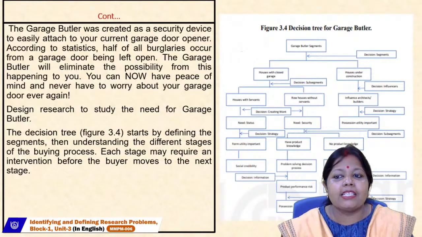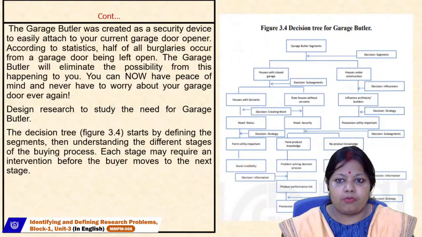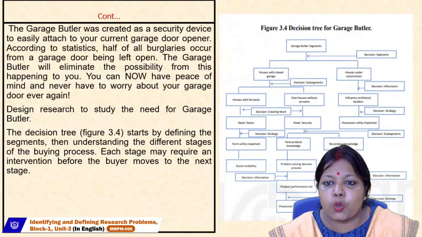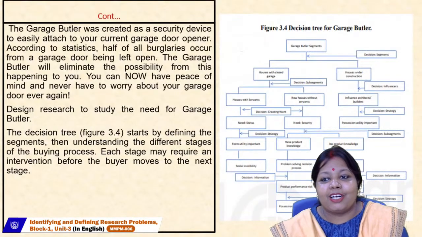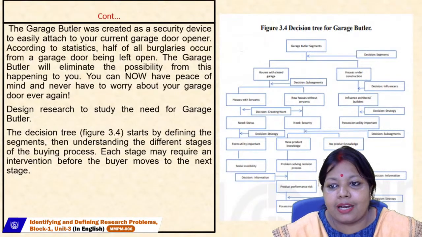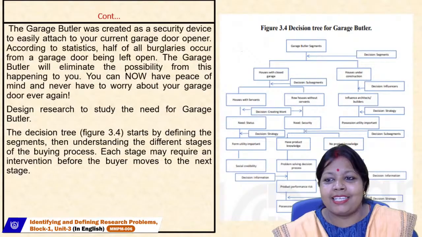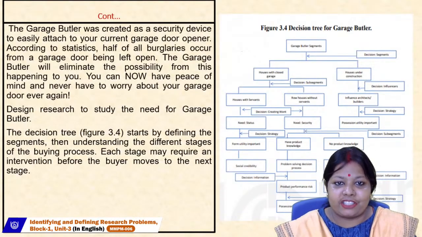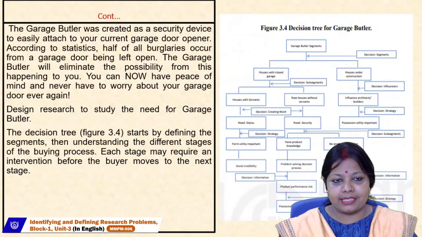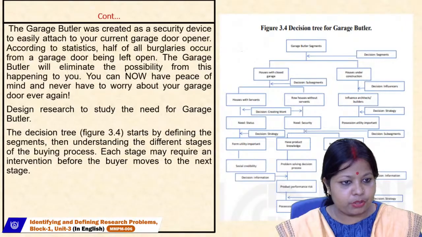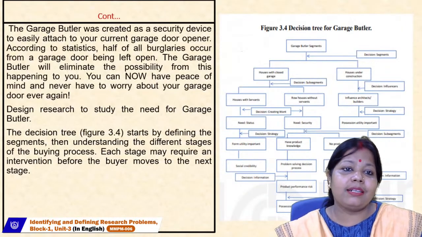We can say it has two norms. One is house with closed garage and house with not closed, or you can say construction garage. In both cases, we are going to the same concept, how it is working or not. Here we can easily understand we are only talking about the decision tree, how the decision tree is helpful.